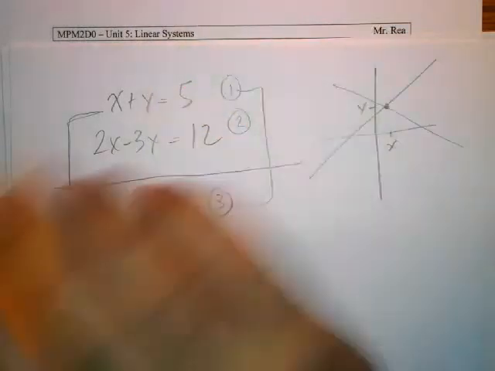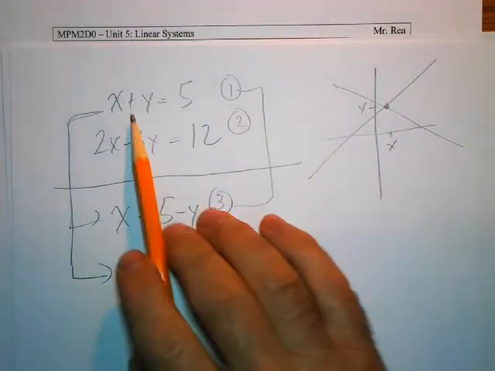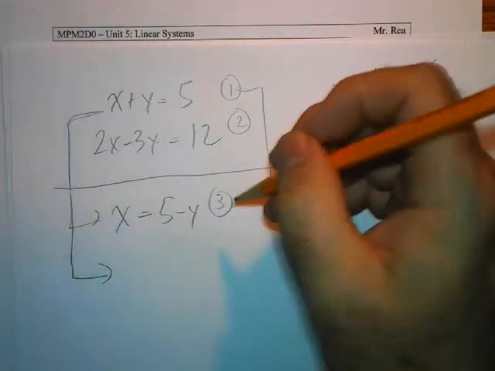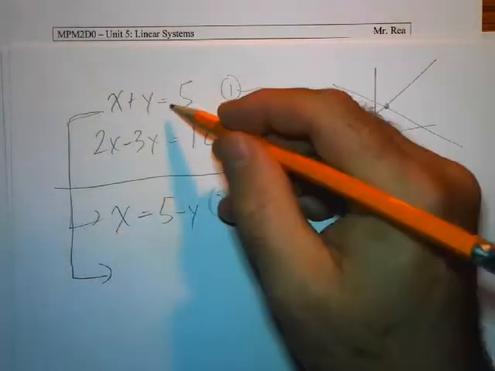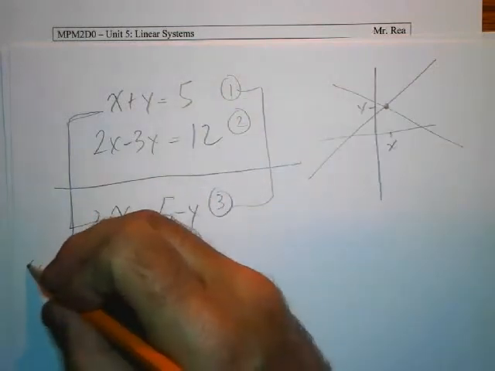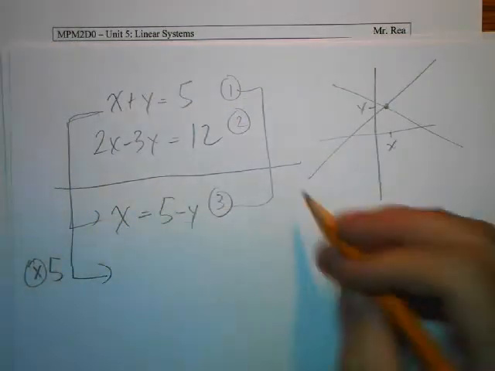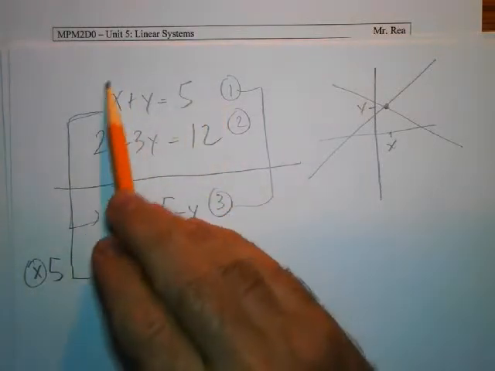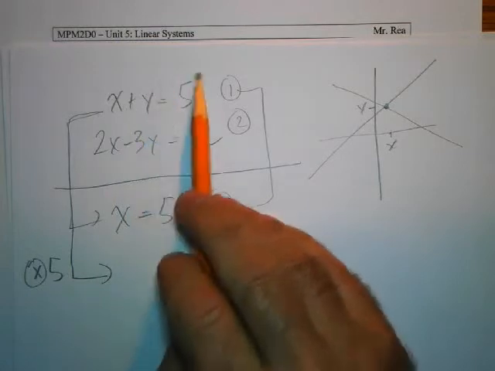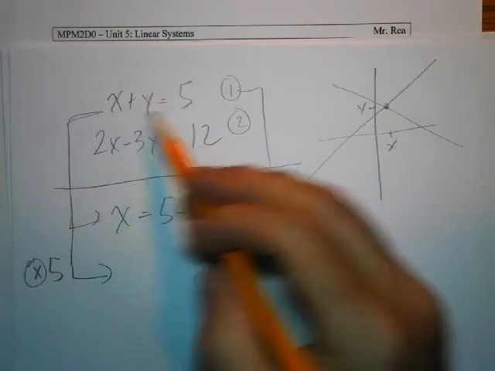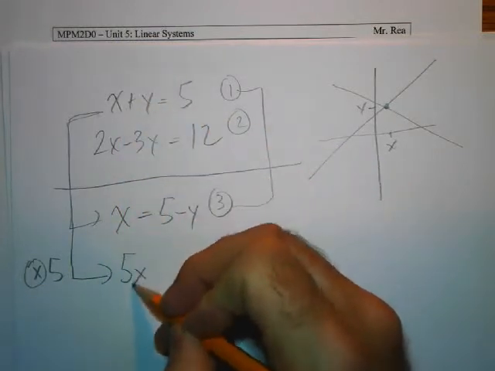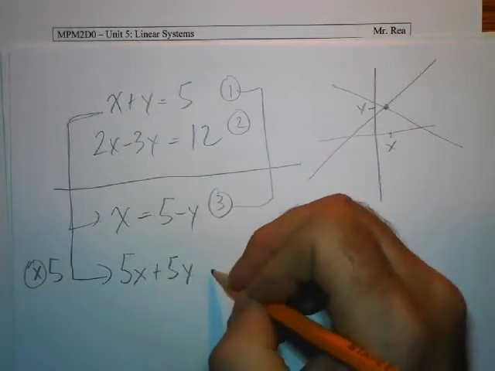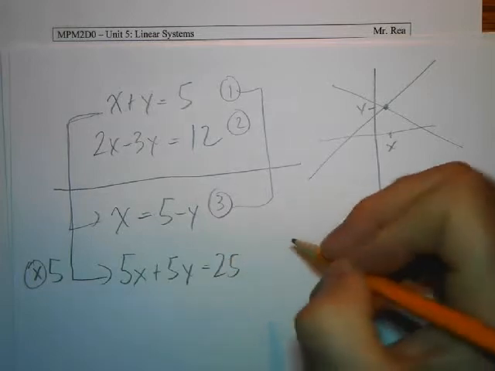But I can do more with this equation. Instead of just rearranging it, and I'm showing you this for today's lesson, I could actually take that equation and multiply it by 5. What does that mean when you multiply an equation by 5? It means I multiply this by 5, I multiply this by 5, I multiply this by 5. So when I do that, I have a new equation where everything is 5 times bigger than before: 5x plus 5y equals 25.